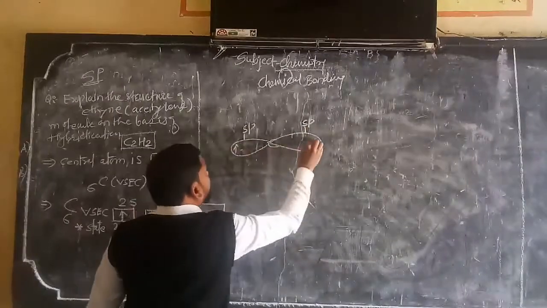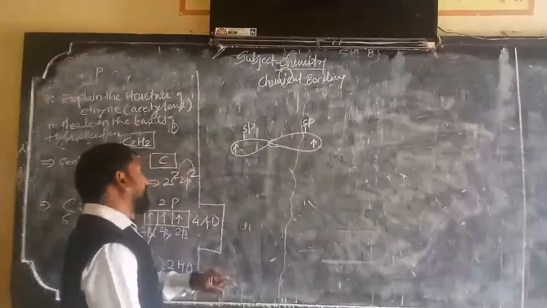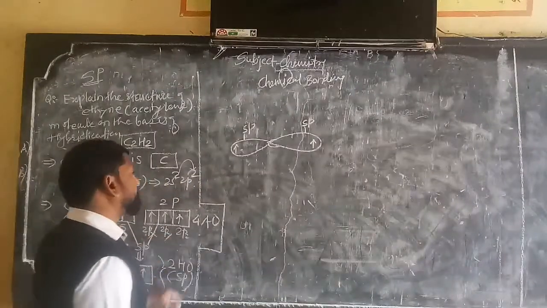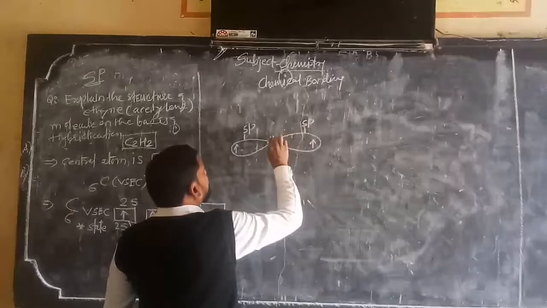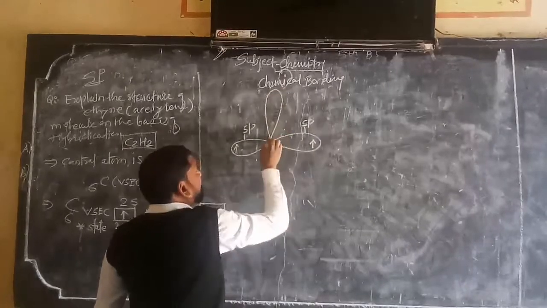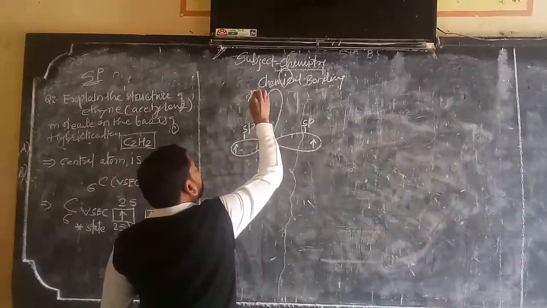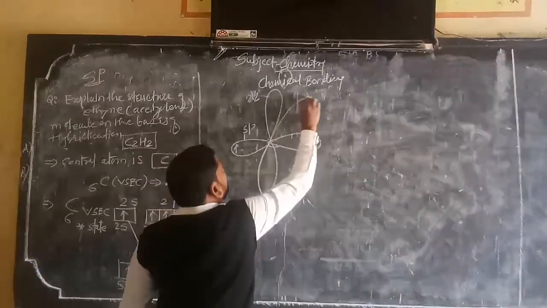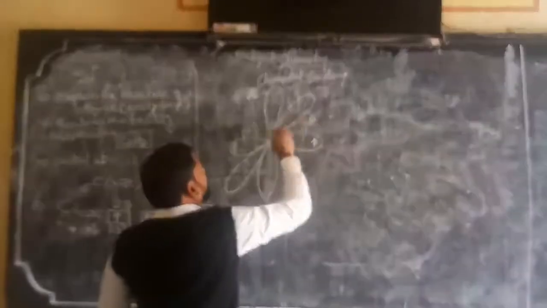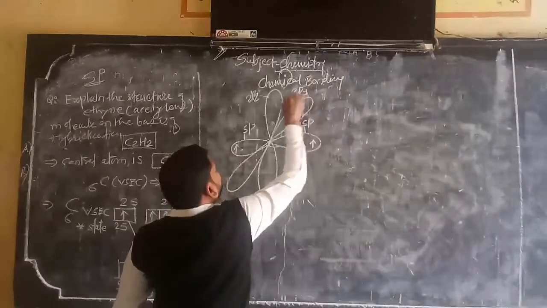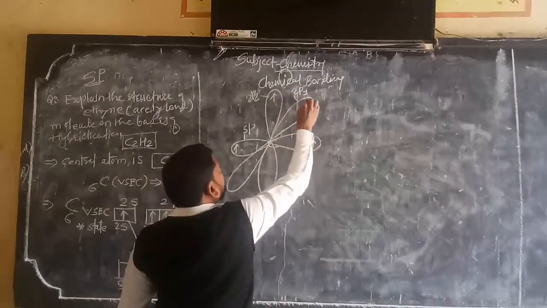Each contains an unpaired electron, but along with that it has 2py and 2pz as unhybridized orbitals. I am going to show them like this. This is your 2pz, no doubt, and this is your 2py. They also each contain 1 electron.